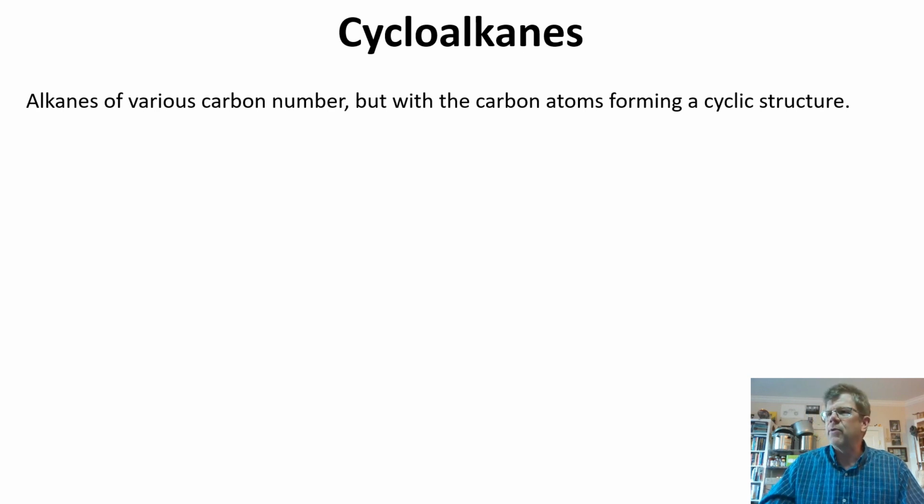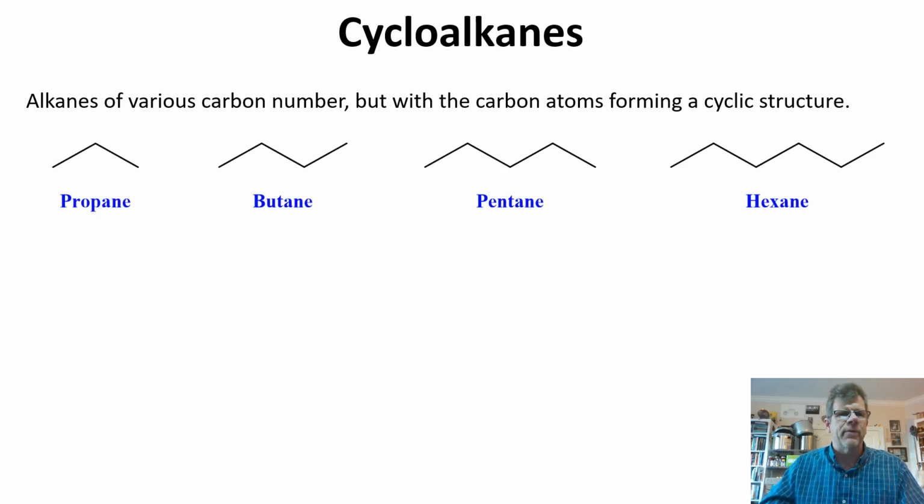So let's look at some of the representative parent structures we've looked at before: propane, butane, pentane, and hexane. These are our parent structures written in line drawing. I know they're the proper number of carbons, 3, 4, 5, 6, because I can count the number of ends and bends in each structure, and I come up with the appropriate number.